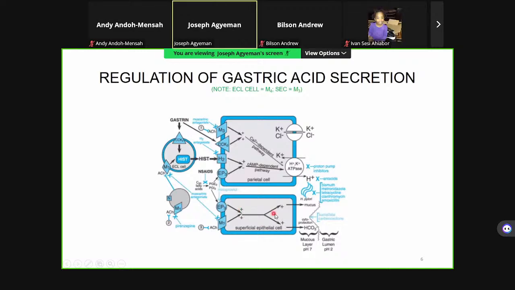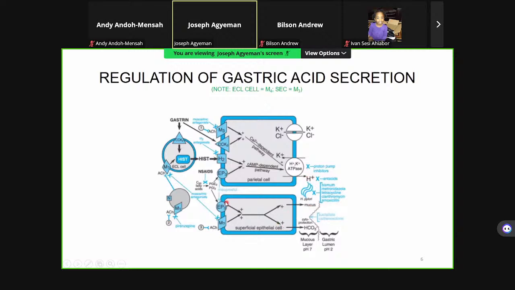So the final response is the release of mucus from the superficial epithelial cells, which can protect the GIT lining. The acid doesn't have direct contact with the GIT lining, but it falls on the mucus, and that can help protect you from the acid causing injury.